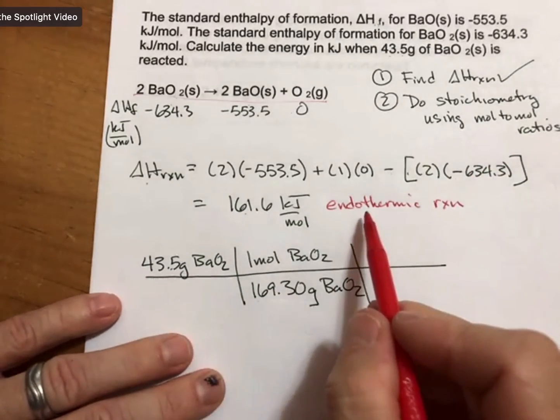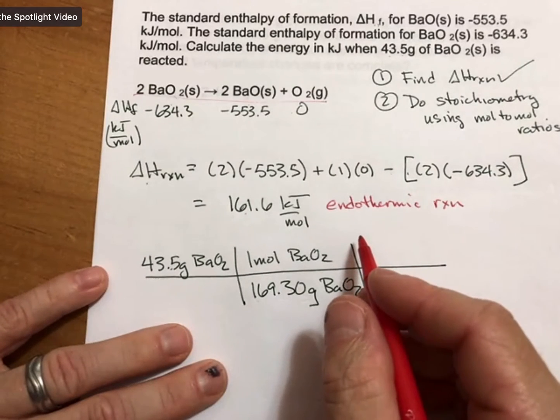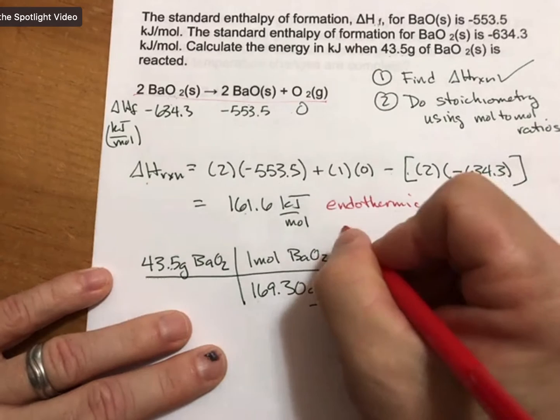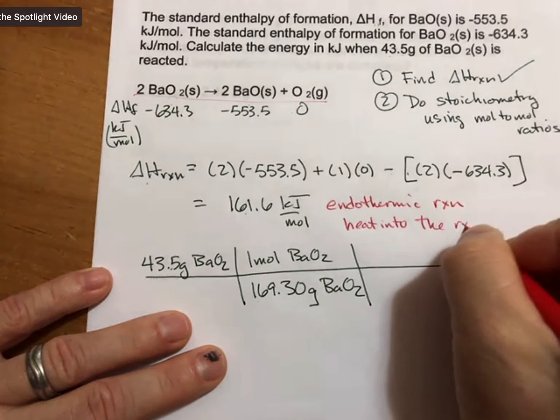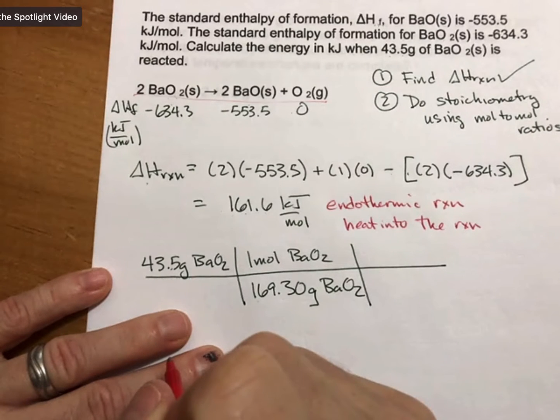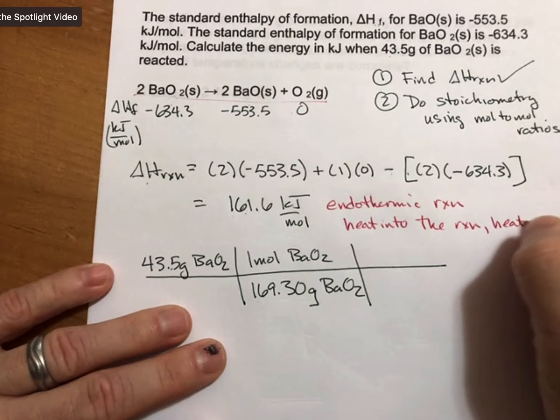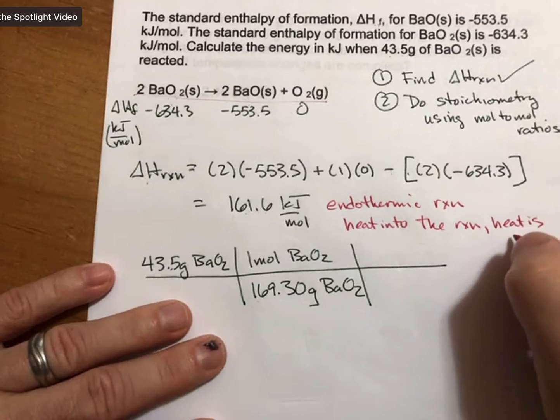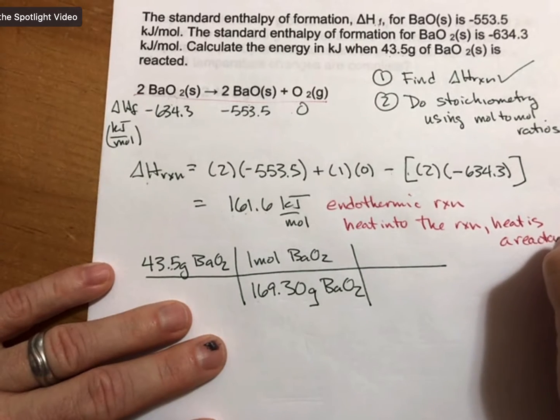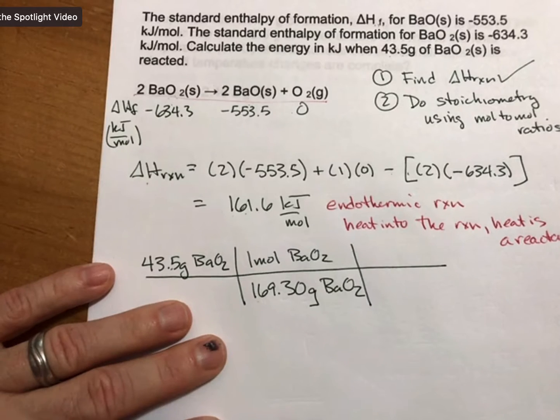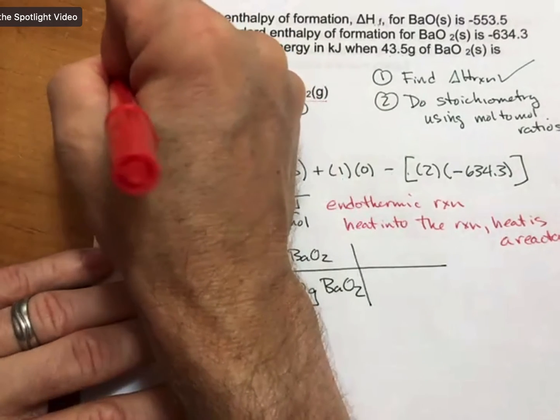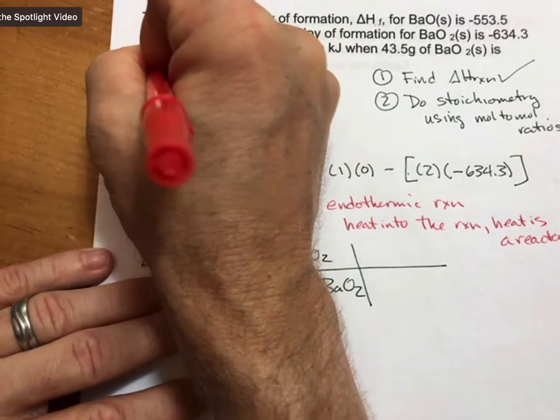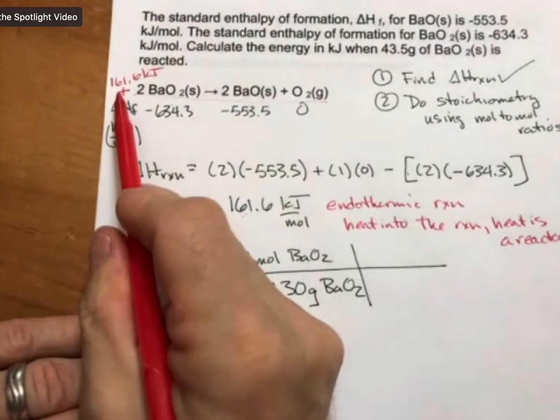For endothermic reactions, the heat has to go into the reaction. From the lecture outlines, what heat goes into the reaction, heat is a reactant. So this 161.6 kilojoules can go as a reactant.